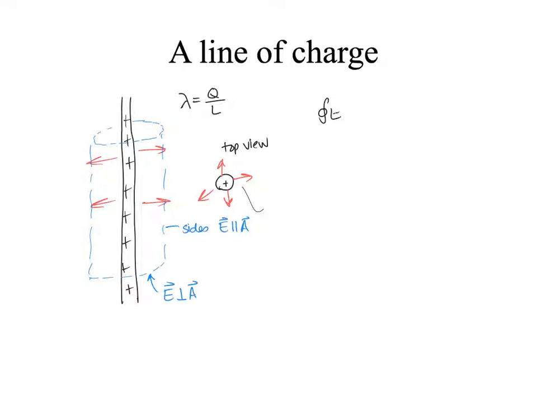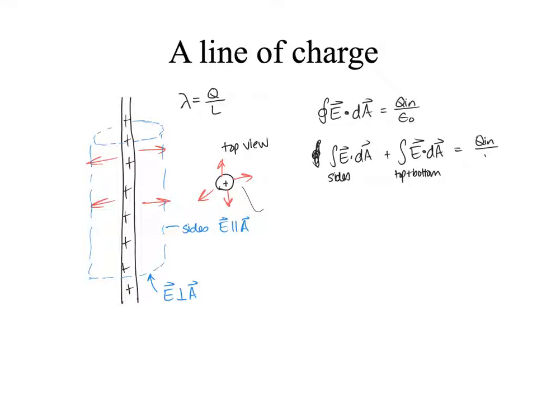So when I do E dot dA equals Q in over epsilon naught, this breaks into the electric flux at the sides of the cylinder plus the electric flux in the top and bottom. At the top and bottom, there is no flux, so that doesn't contribute.